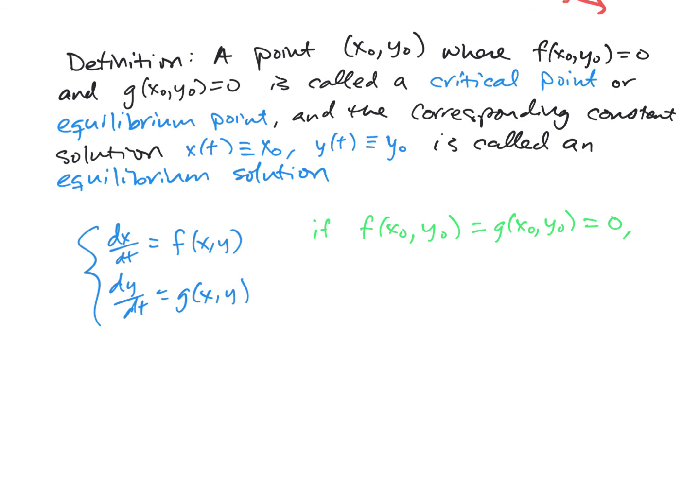then you have constant solutions. Let's write it like this. If you have constant solutions, x of t is equal to x naught for all t, and same with y of t is the constant solution y naught, then dx/dt and dy/dt are both equal to 0 because they're constant solutions, so the derivatives are 0.